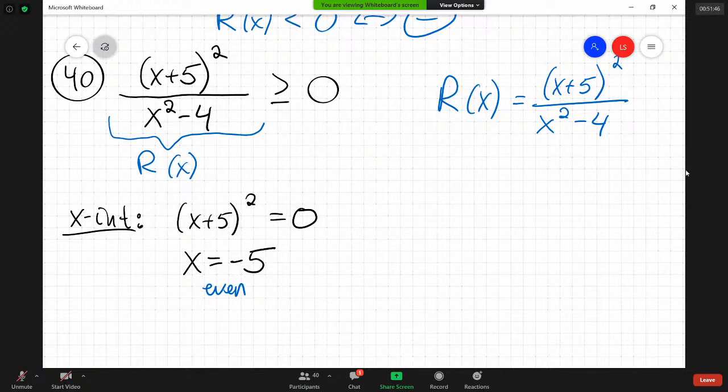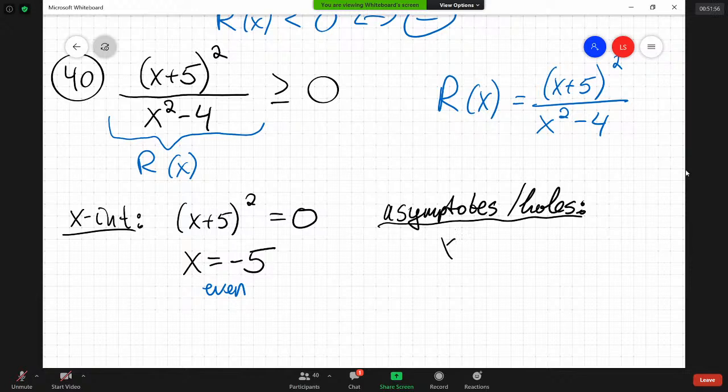Not y-intercept, but asymptotes, holes, that's where we would let the denominator equal to 0. So we have to solve x squared minus 4 equals 0. Pretty, again, easy.